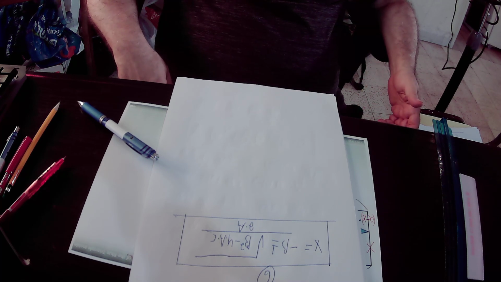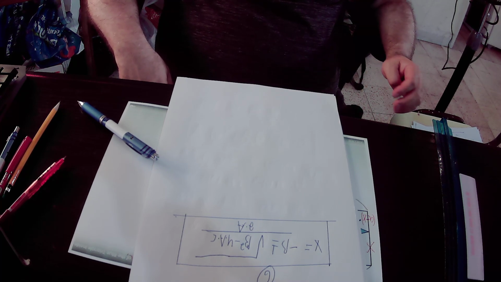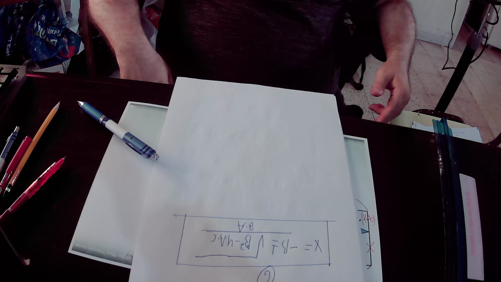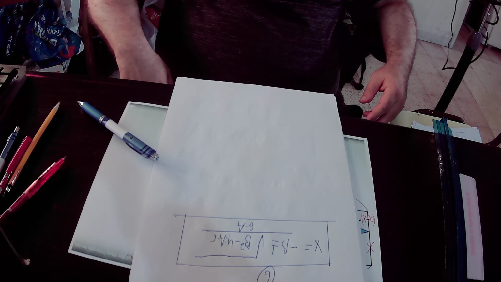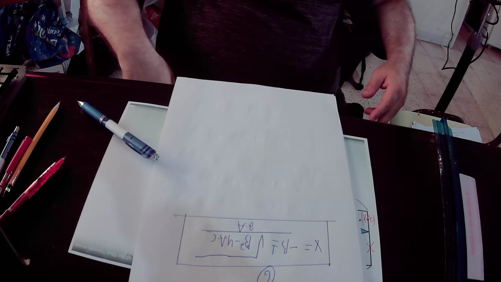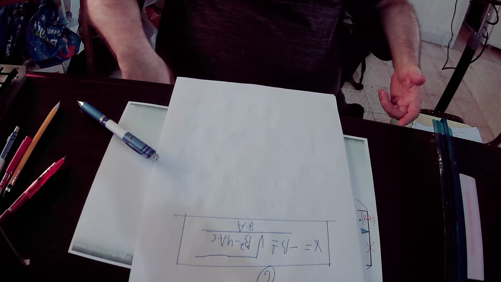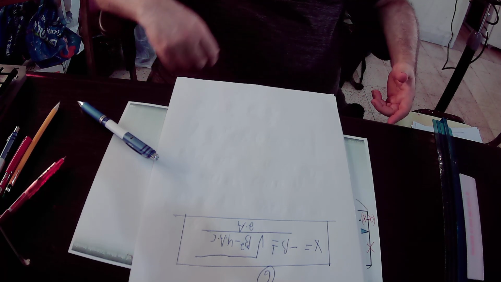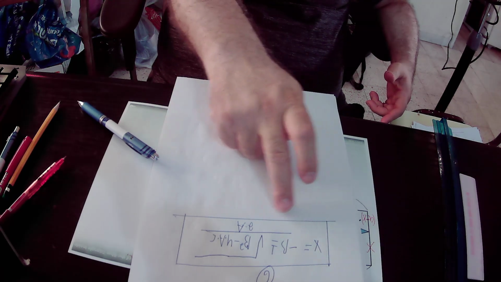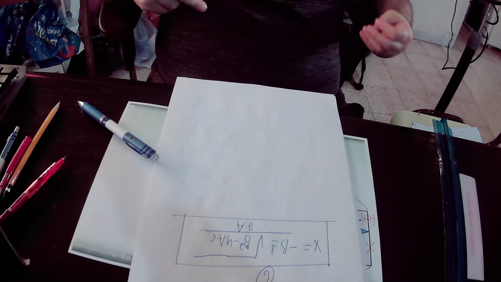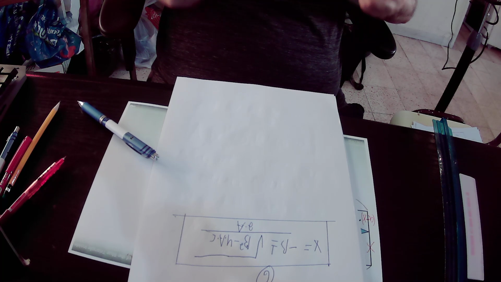So what I mean is that we find the value of x in our quadratic equation, and in order to find the value of x in numbers, we have to solve this equation for x.